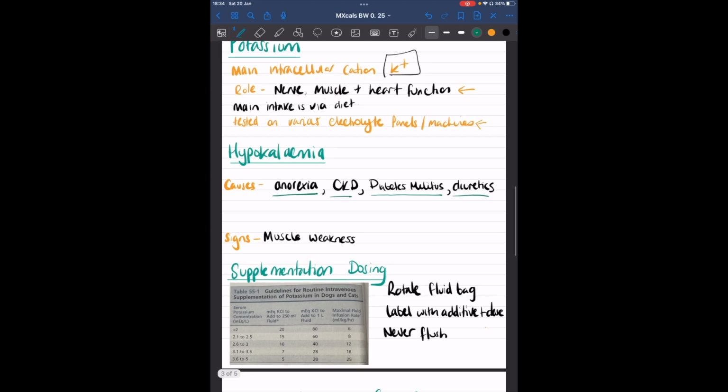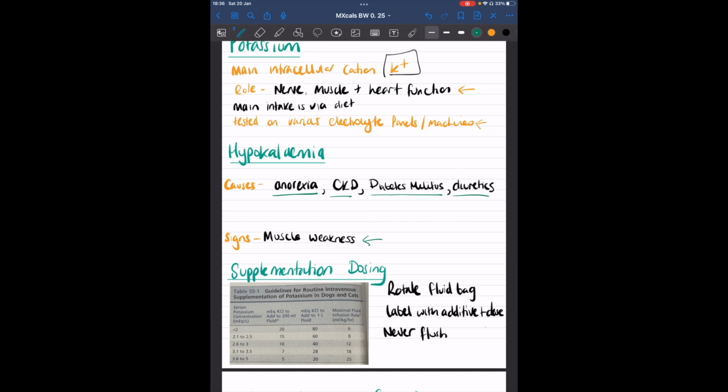And hypokalemia generally results in muscle weakness. We can see that bending of the neck, or that ventral flexion of the neck, is quite commonly seen. In its severest case, it can cause paralysis, but quite commonly we see the skeletal muscle weakness.